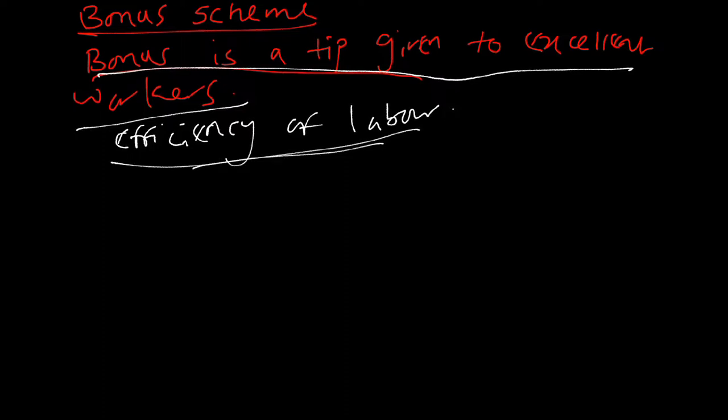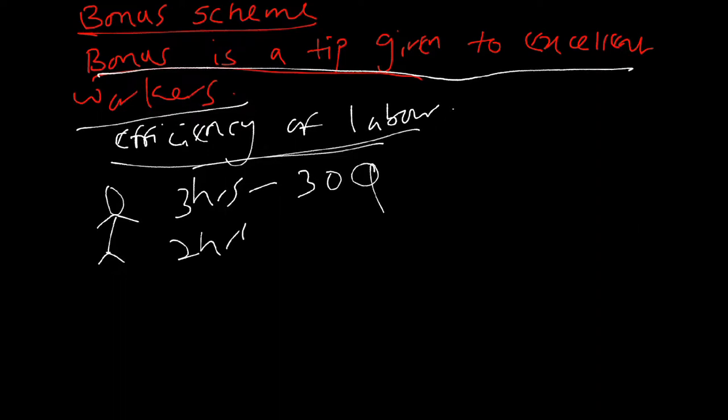For example, imagine a worker. Let me tell you the reason why we need to give bonus. A worker is supposed to work for 3 hours to produce 30 quantity of goods, but this worker used 2 hours to produce these 30 quantity of goods. We need to reward this worker. Why?